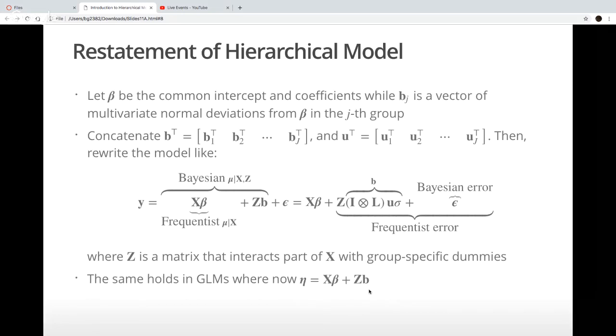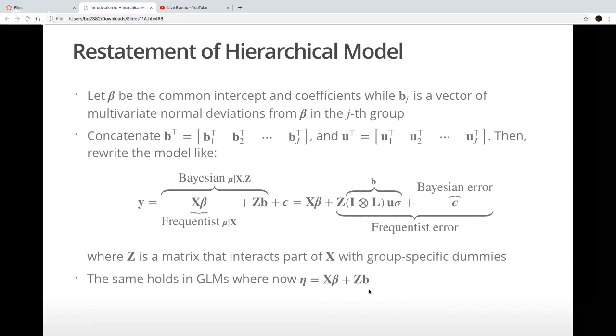So if we think about a continuous outcome with normal errors, though it applies even in other forms of GLMs, from a Bayesian perspective the conditional mean, what we expect the outcome to be for a particular observation, is X, whatever predictors, times the common coefficients, plus Z times the deviation in the common coefficients that's applicable to this group.